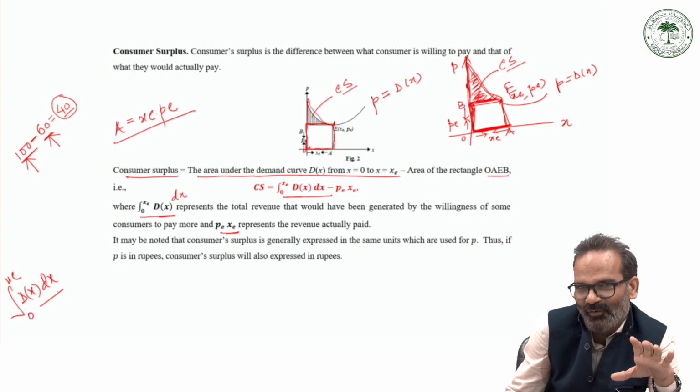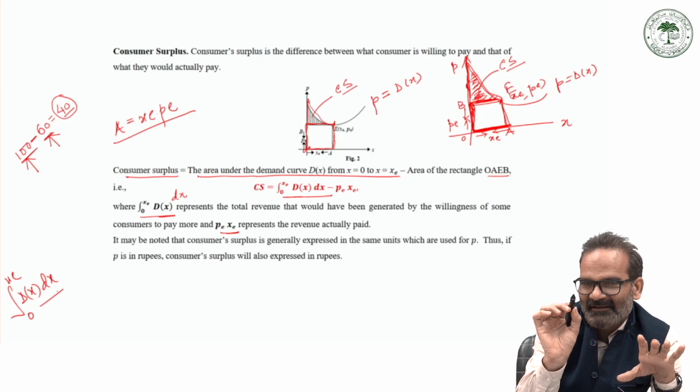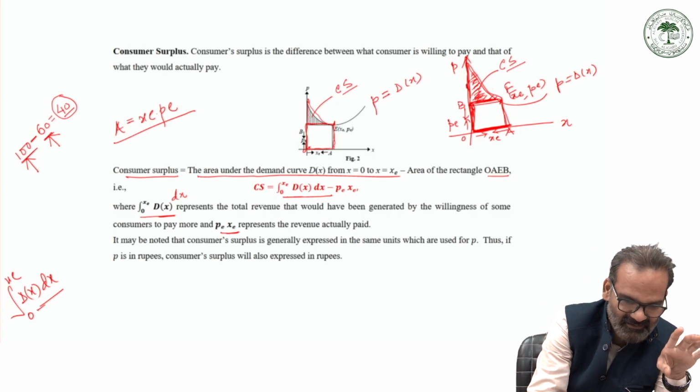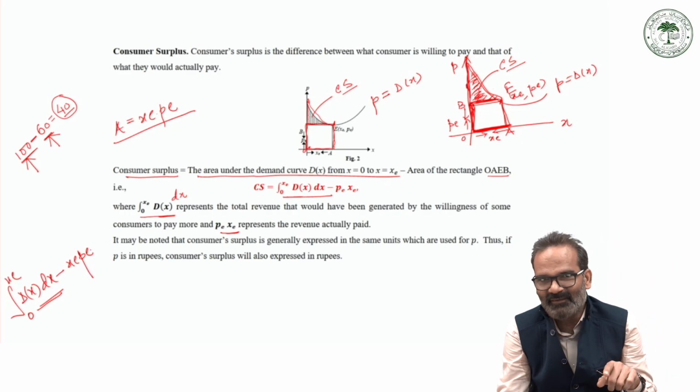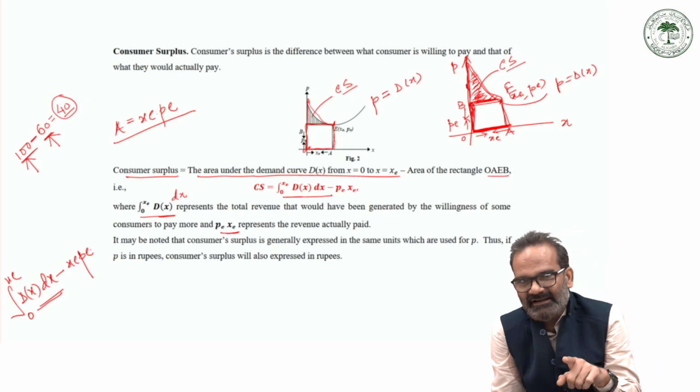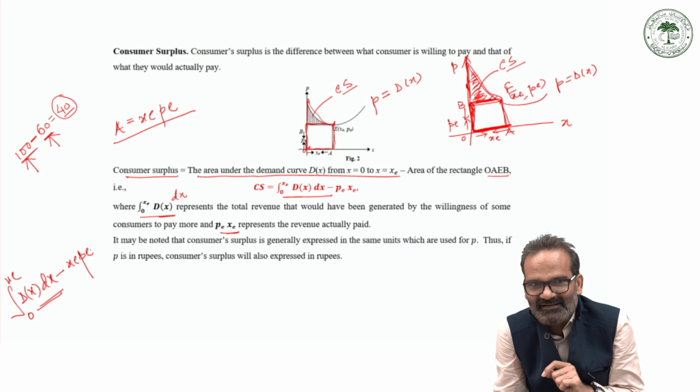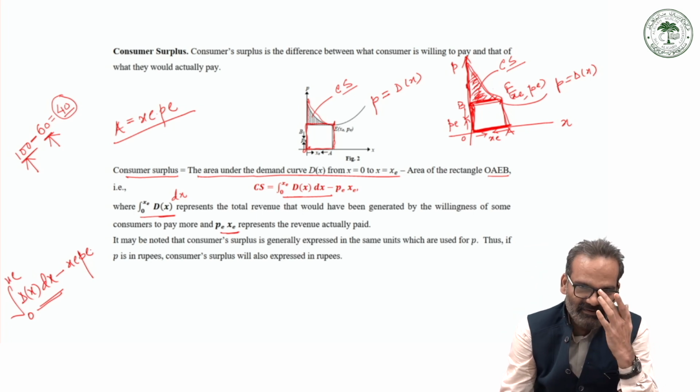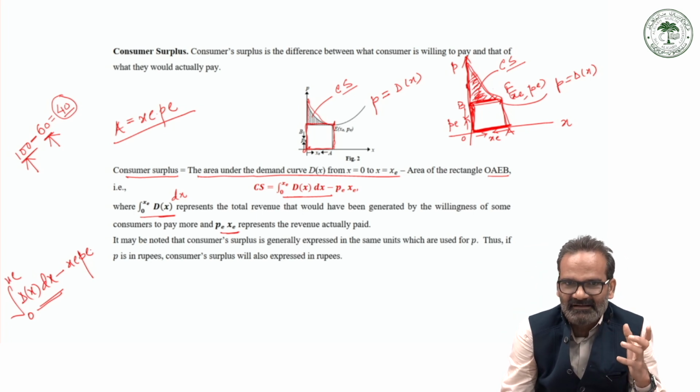When you are leaving your home, you are expecting you will pay 100 rupees for this pen. So this is your 100 rupees. Minus XE into PE is the revenue generated by the market, because PE is the price of the quantity XE fixed by the market. Therefore the product of PE and XE will generate the revenue.